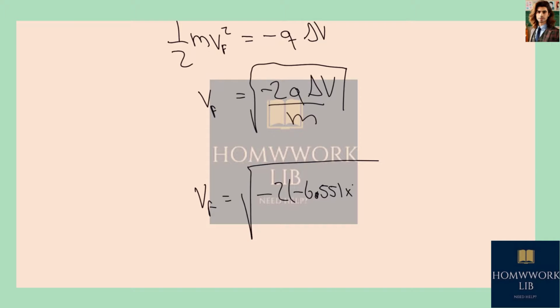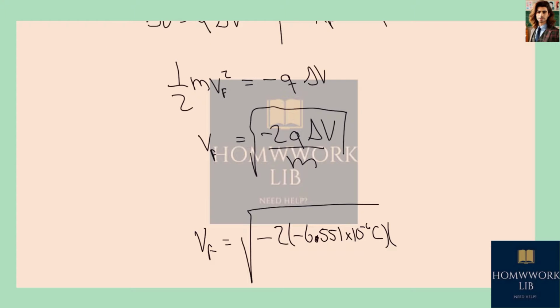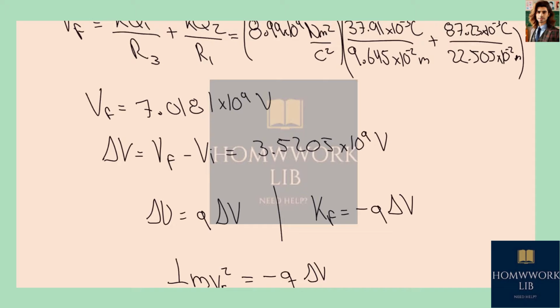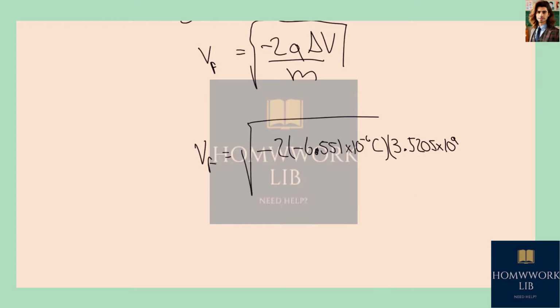Remember that micro corresponds to times 10 to the minus 6 coulombs, times the change of potential that we got as 3.5205 times 10 to the 9 volts, or which would be the same, joules per coulomb, as we saw here, divided by the mass, which is 26.31 grams.